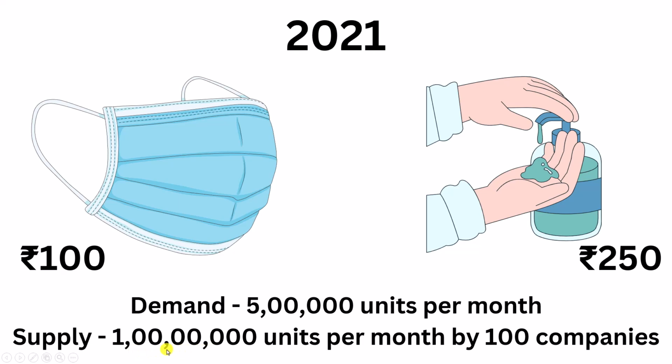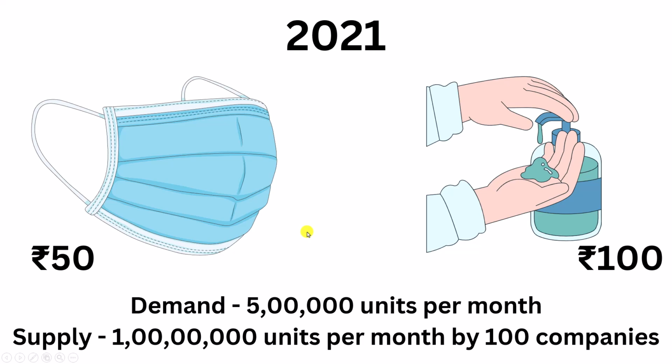So now there is more supply and less demand, meaning there are fewer people who are willing to buy the items and there are more sellers who want to sell the already produced items. And due to this imbalance in supply and demand, the price of the mask and the sanitizer reduces.